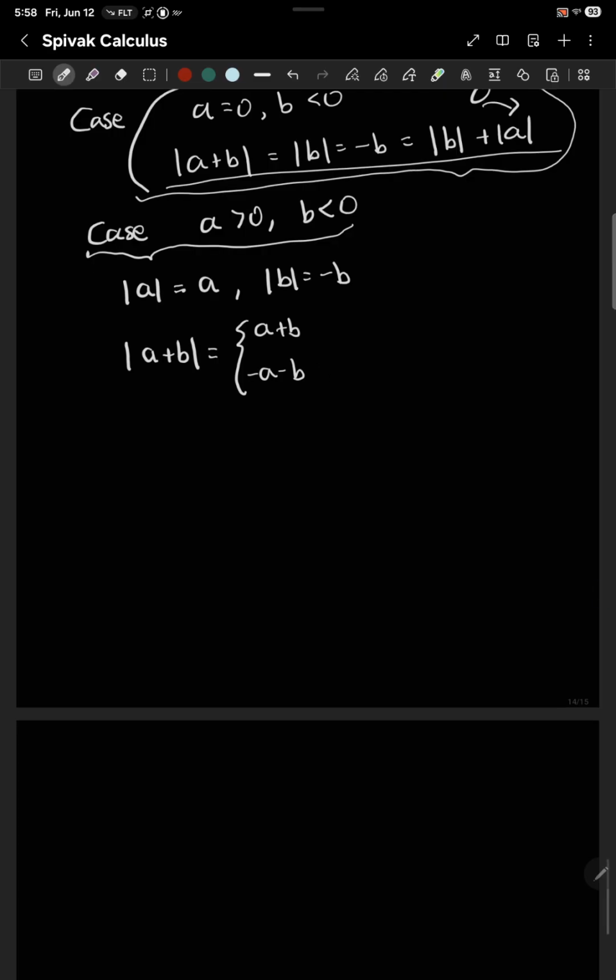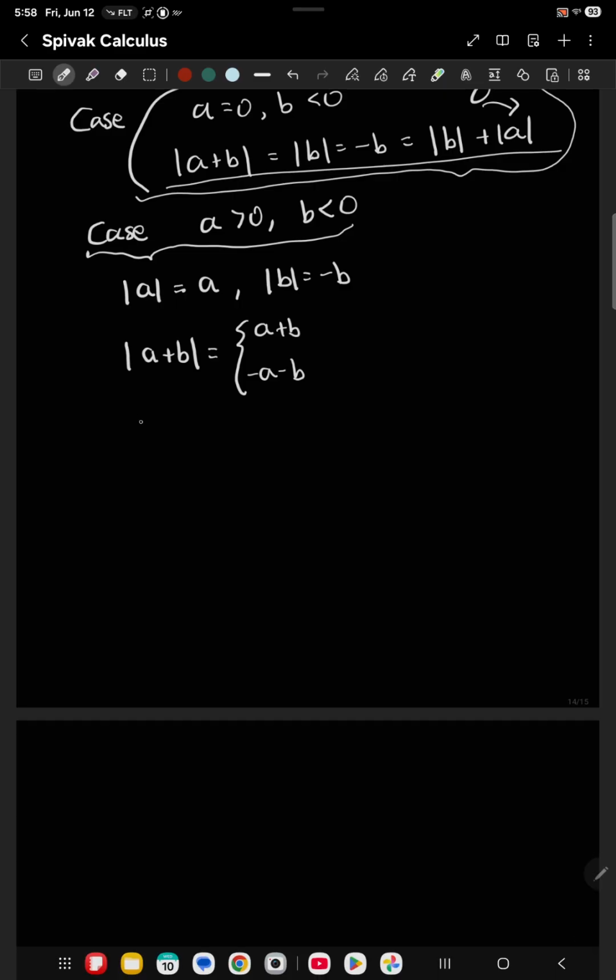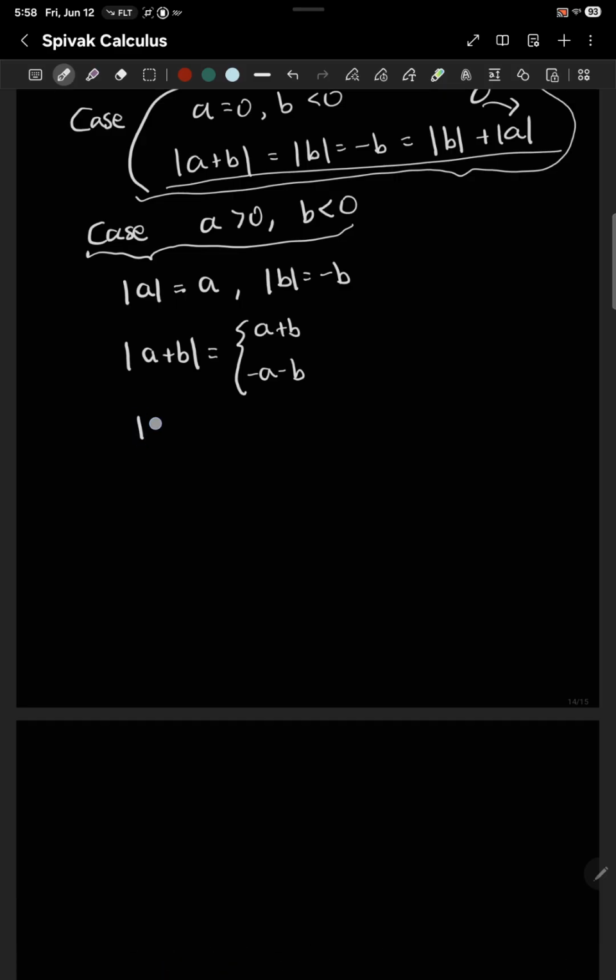So it really depends on whether the absolute value of a is greater than or equal to b. It could be either a is less than minus b or the absolute value of b is less than a. Both are positive, but it really depends on where in the number line they stand. So we can conclude what a plus b is.